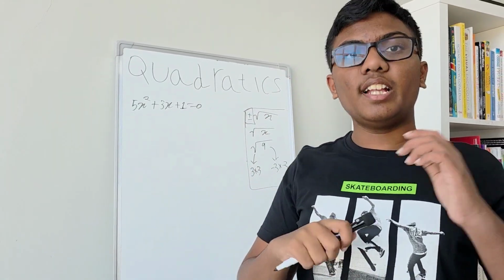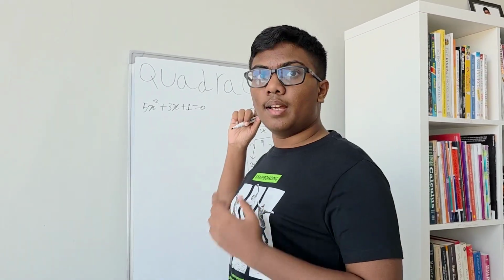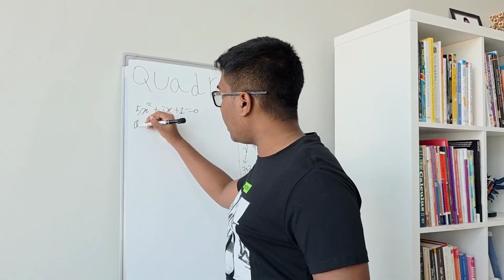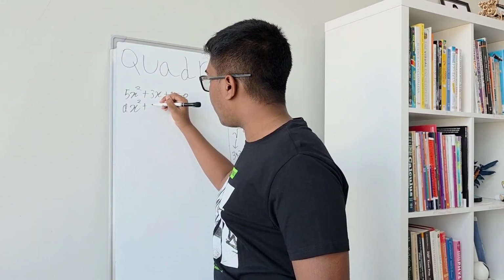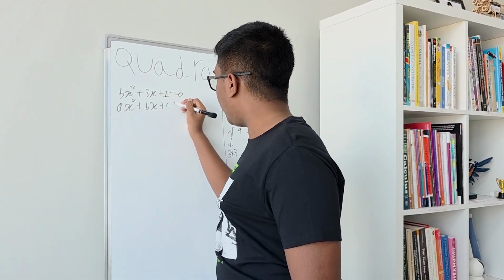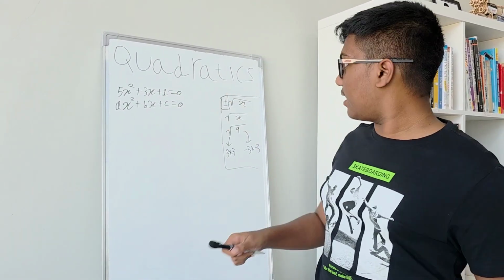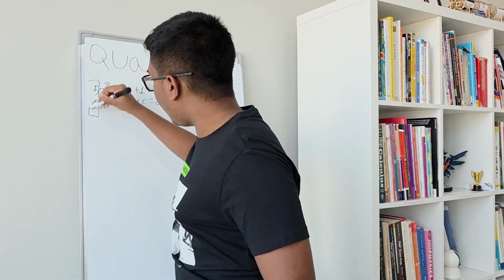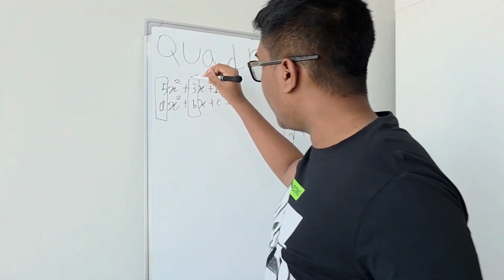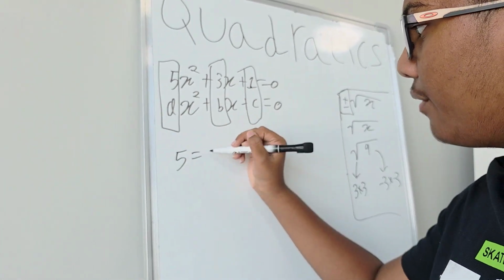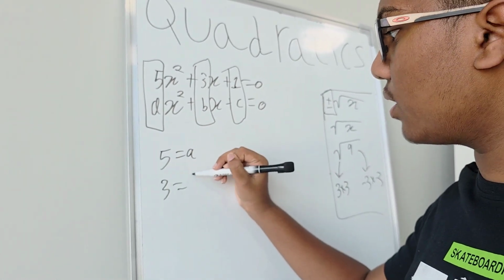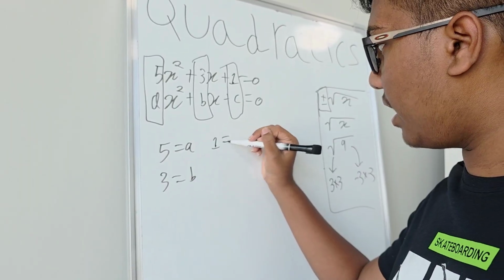Let's put the normal quadratic equation on top of this: ax squared plus bx plus c is equal to 0. We can see here that 5 lines up perfectly with a, 3 with b, and 1 with c. So 5 is equal to a, 3 is equal to b, and 1 is equal to c.